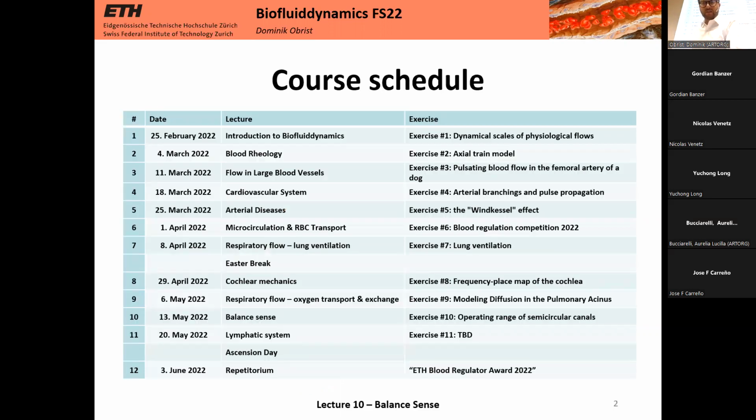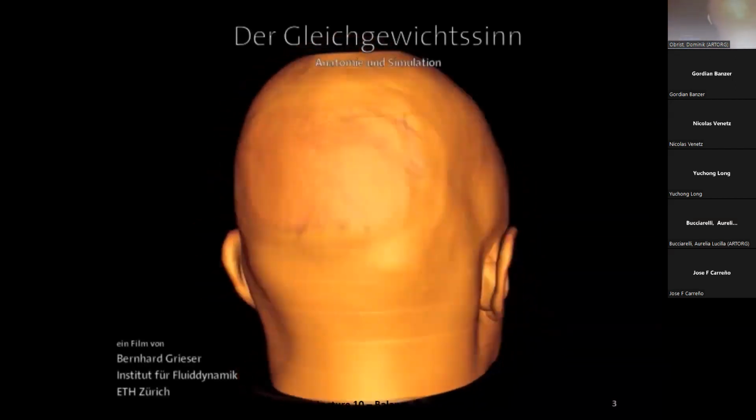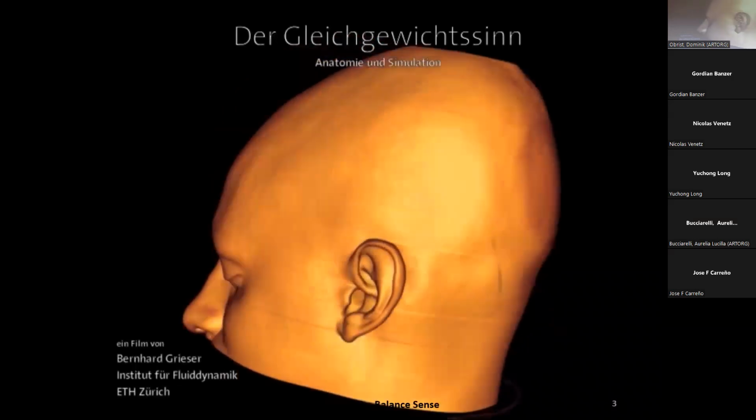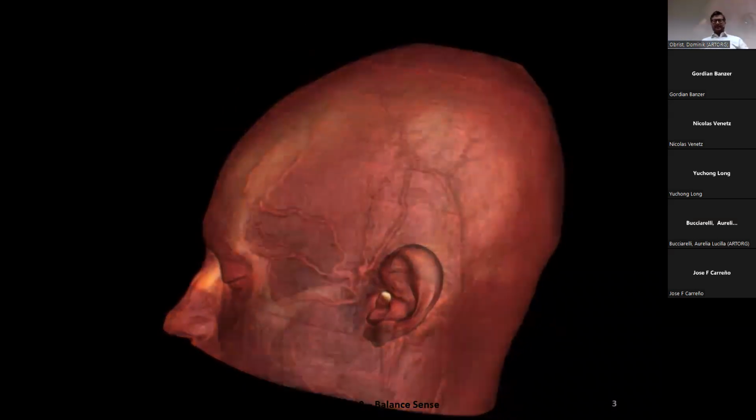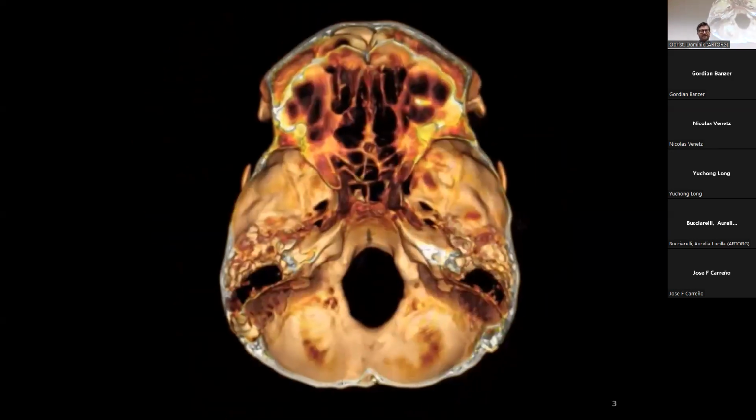To start with, I would like to show you a little movie that one former PhD student did. He got an MRI of his head, and he was playing around with some tools, and he actually found his own inner ear here.